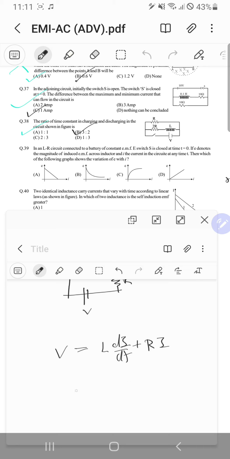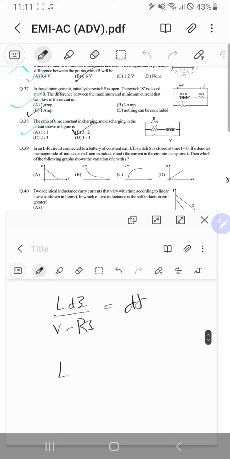So you have L di upon V minus Ri equal to dt, and then integrating that you get negative L upon R, natural log of V minus Ri.